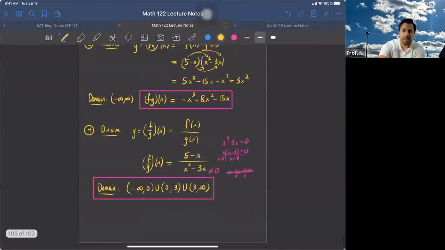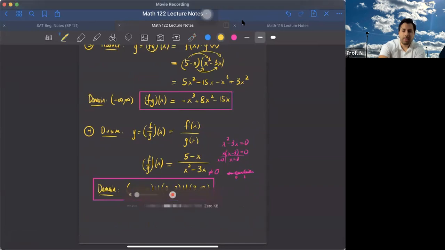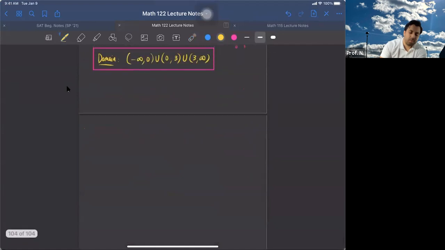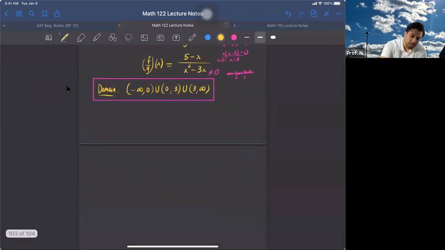So let's stick around with the same example. Can you evaluate these functions now? Evaluate the following.